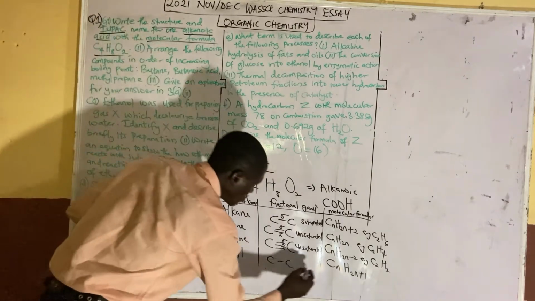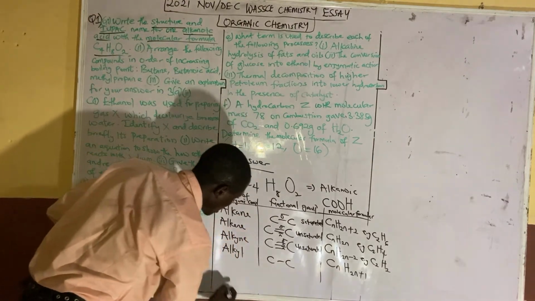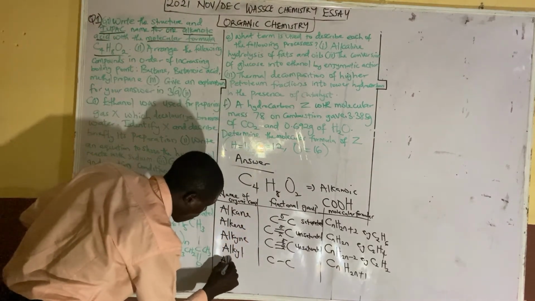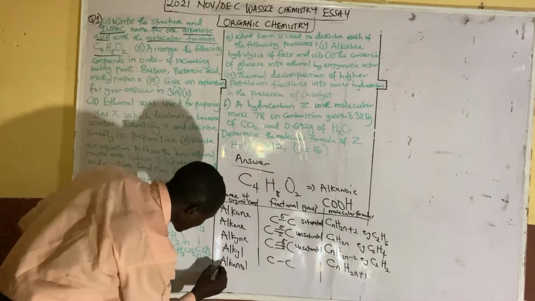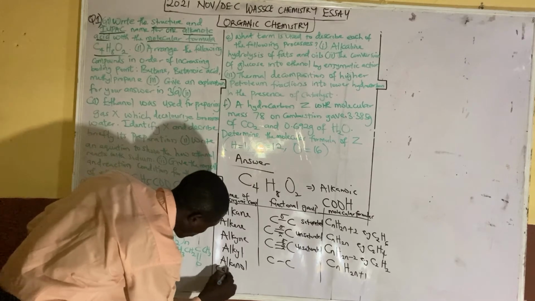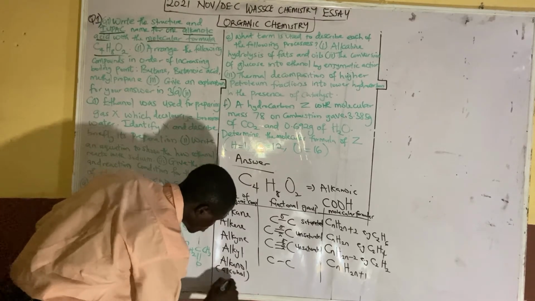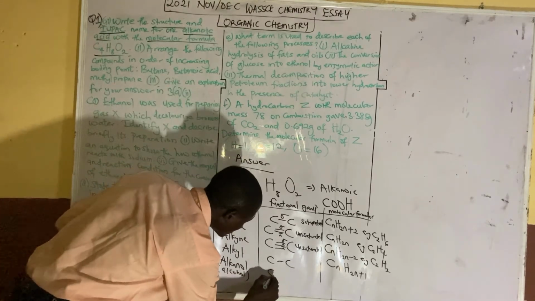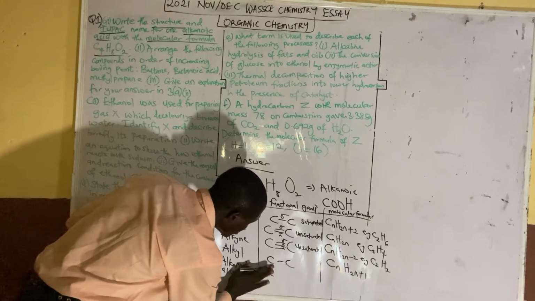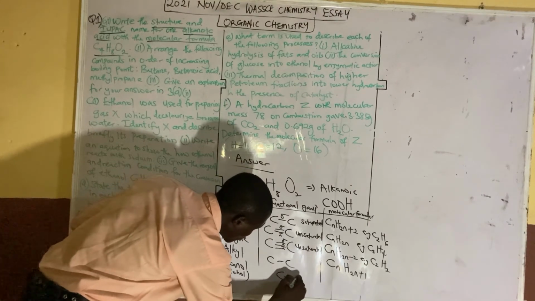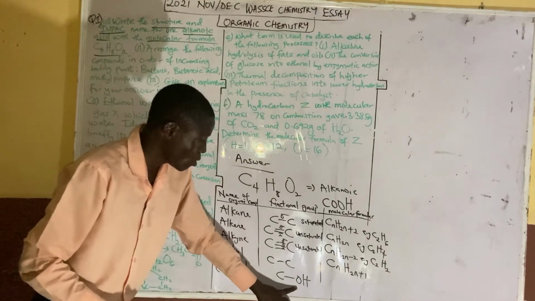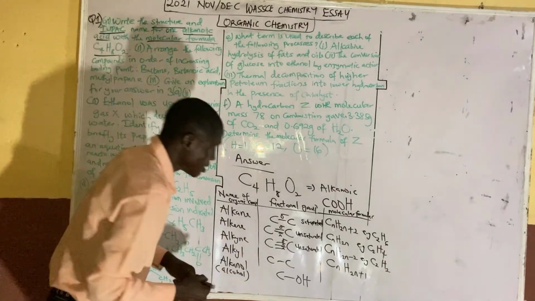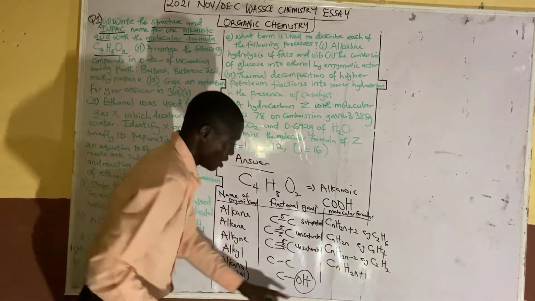Now, another functional group that we have here is alcohol, which is known as alkanol. Alcohol is known as the alkanol group. So it has the OH functional group. The functional group itself is OH, hydroxy.